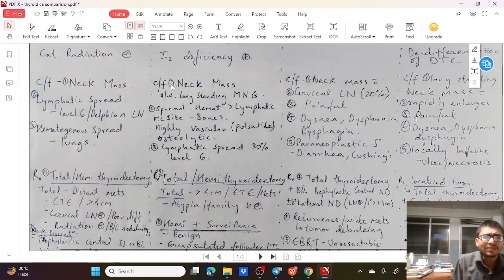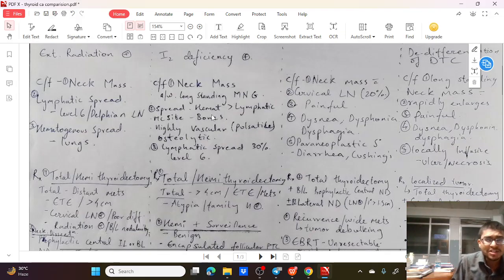Then in the follicular thyroid neoplasm, the clinical feature is again a neck mass, generally painless, and associated with long-standing multinodular goiter. Here the spread is more commonly through the hematogenous route than the lymphatic.